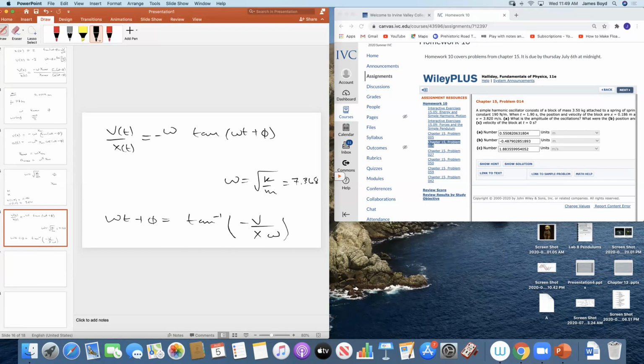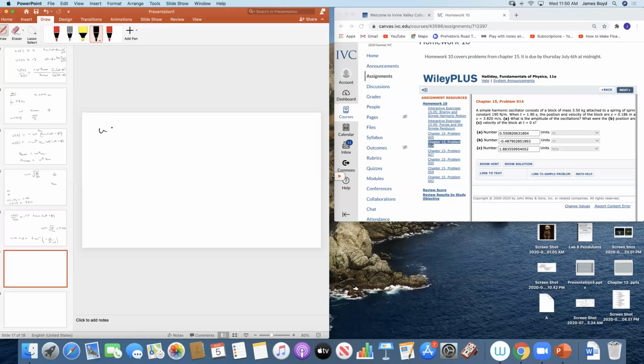Arctan of negative, make sure you're in radians, 3.820 divided by 7.368 times 0.186. And I get that omega t plus phi is negative 1.22634 rad.